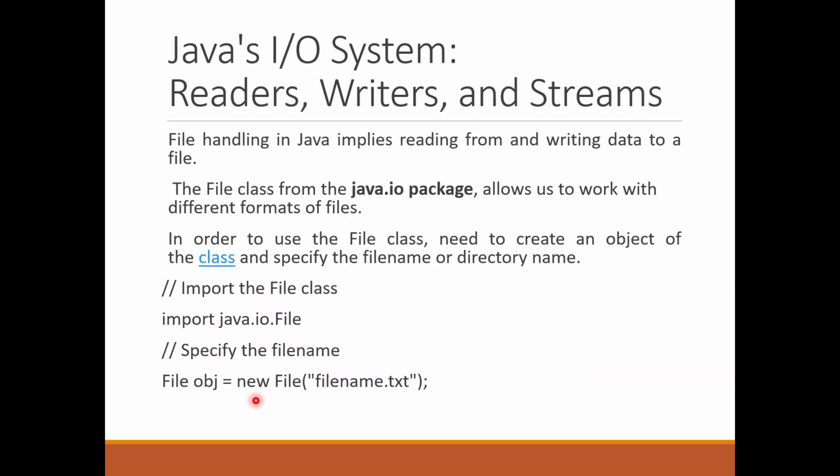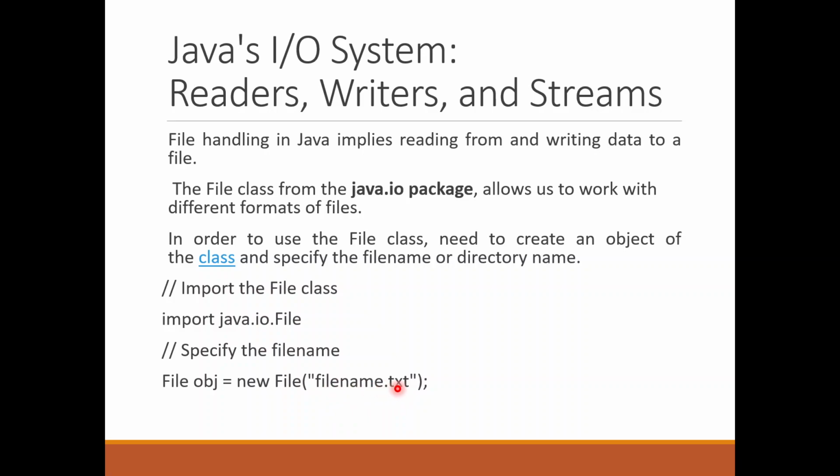Here we have to use the new keyword, and which class are we going to use? We are going to use File as an inbuilt class, and in double quotes you have to provide the name of the file that you want to create, and you can give the extension here. So in this example, the name of the file is filename.txt.